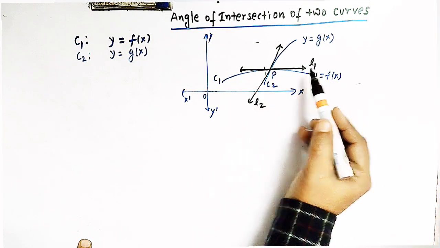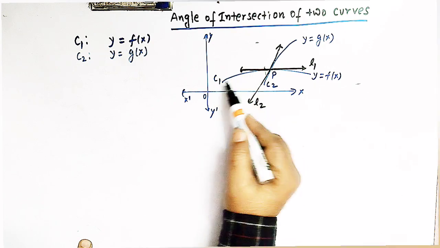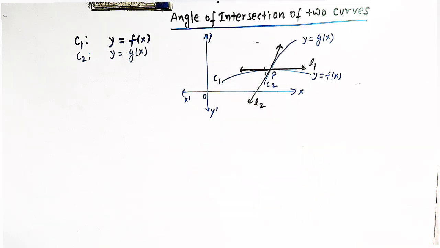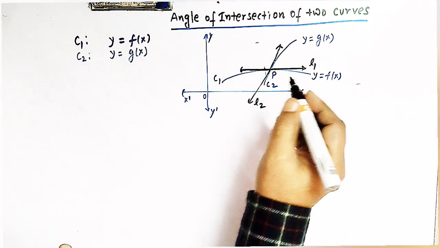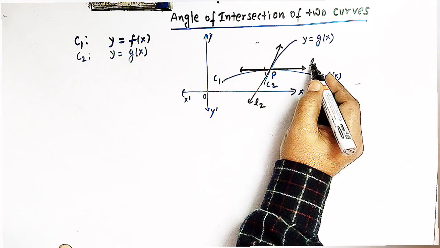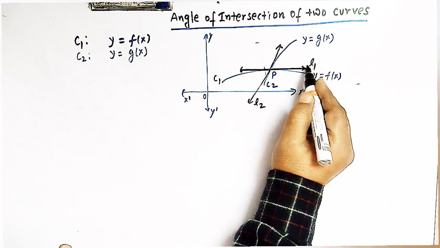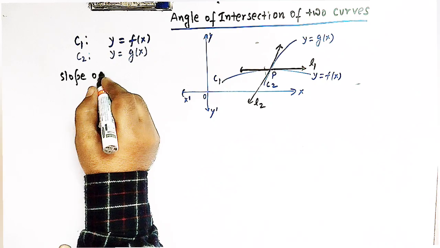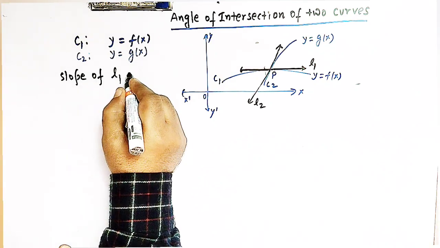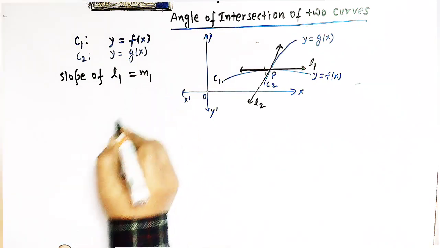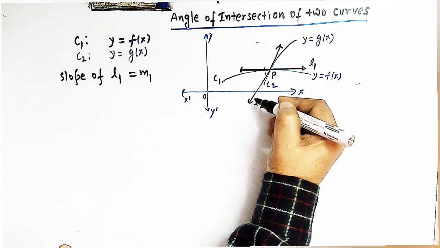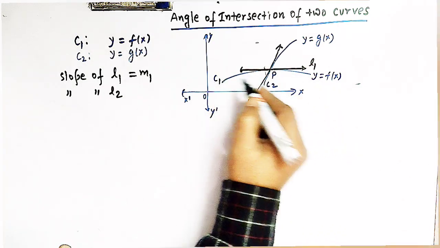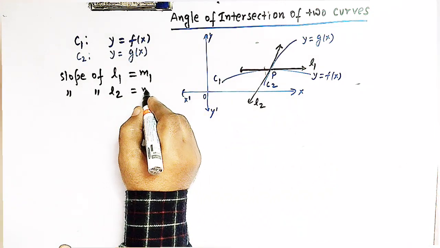Let us denote the tangent to the curve c1 by L1 and the tangent to the curve c2 by L2. Let us take the slope of the line L1, the tangent to c1, as m1, and the slope of the line L2, the tangent to c2, as m2.